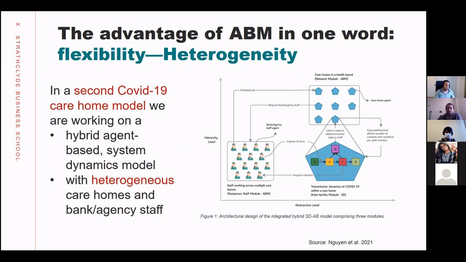In a more recent model, which is currently under review, this is not quite an agent-based model, but a hybrid agent-based system dynamics model. We have heterogeneous healthcare facilities. The care homes in this model are actually agents, as are the external bank agency staff that work across care homes.